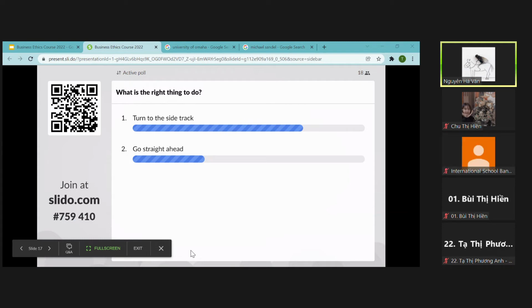If the only person on the right side were my relatives, I would prioritize my relatives and choose to go ahead.